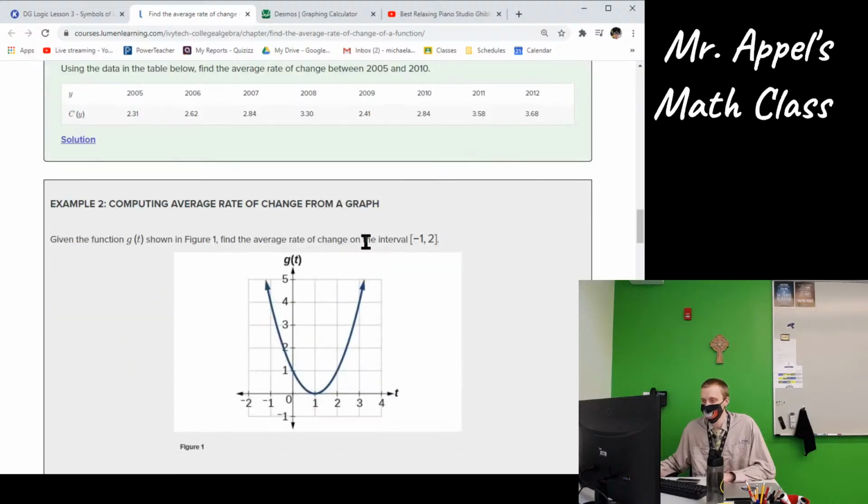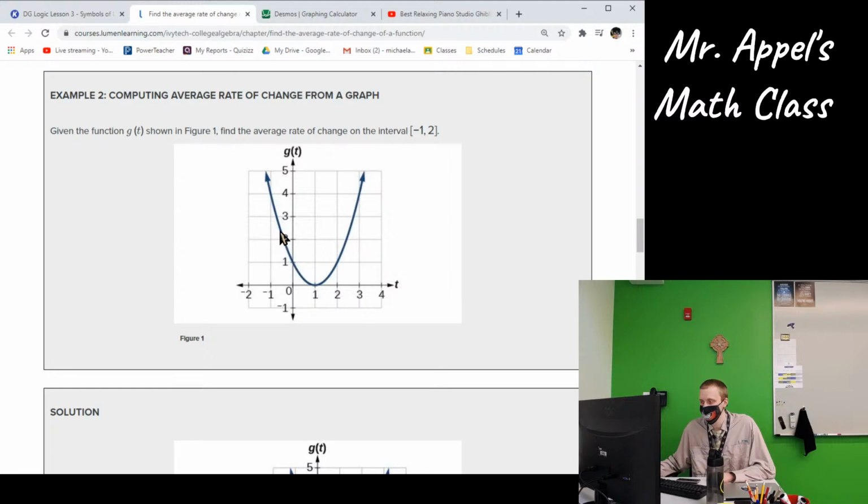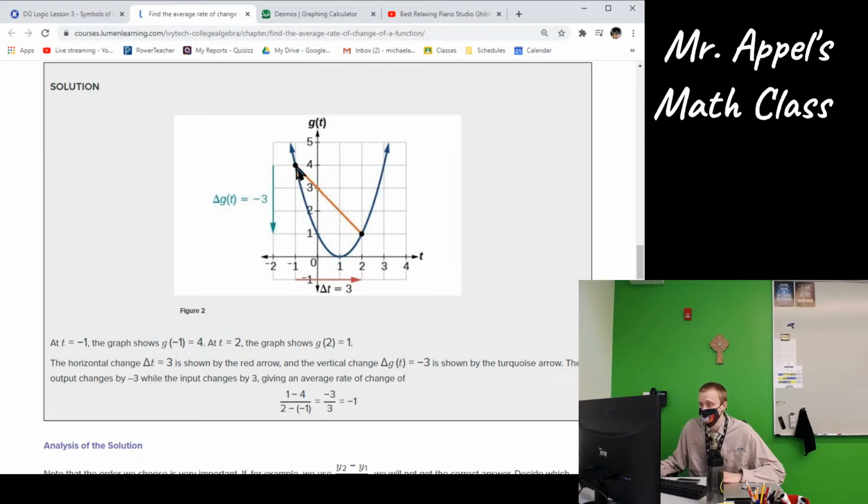Right? What changes? In example 2, we're actually dealing with the graph there. This is rather interesting because take a look at this. Here I've got average rate of change from -1 to +2. Notice it's negative. Right? I could find the average rate of change from, say, 0 to 3, and that would be a positive.